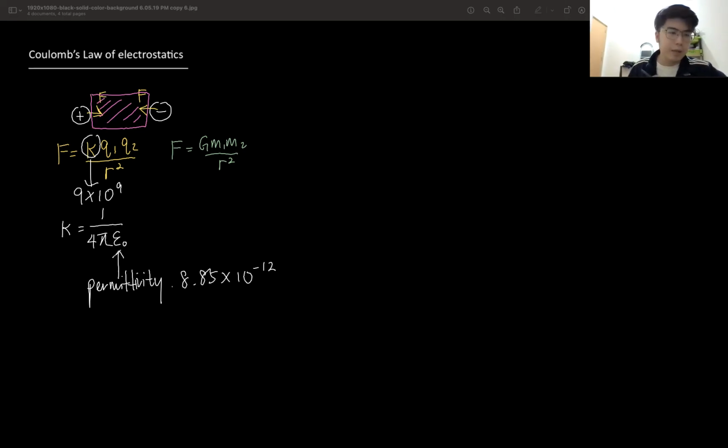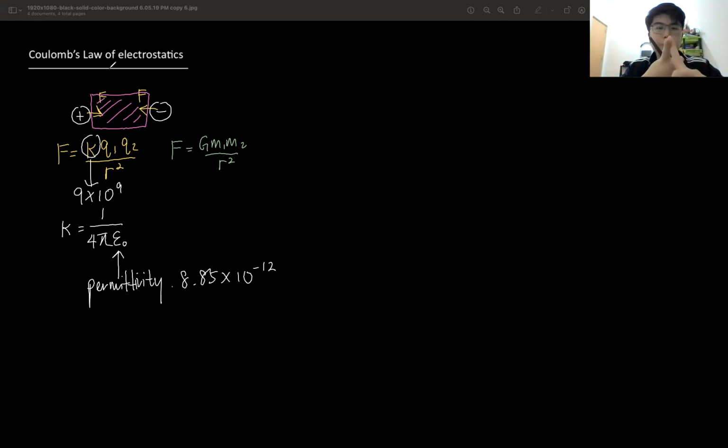Okay, so I want you to think of permittivity like this. Just like any other characteristics, like temperature and pressure, all these are characteristics of a medium, right? Let's say air. It has a certain temperature, a certain pressure. So these are the characteristics of the medium.